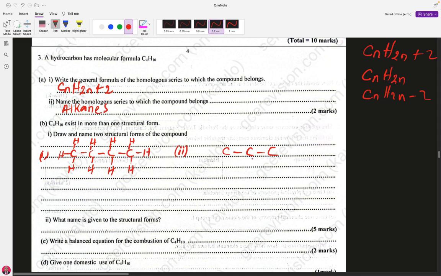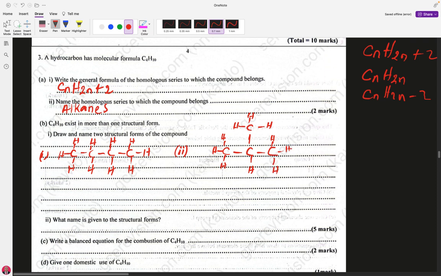Let's put it down where we have some space, or we can still put it up. No problem. We have a C here.